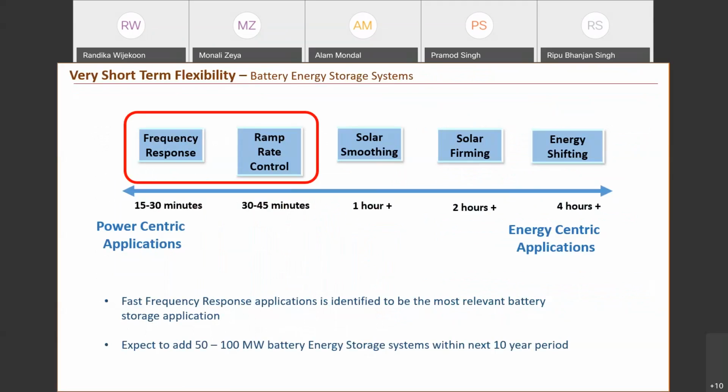If you click forward, right, one other area is the battery energy storage systems to provide very short-term flexibility. And in energy storage, we identify that the power-centric applications such as frequency response and ramp rate control are much more relevant to our system, given our system characteristics, being an isolated and small system.